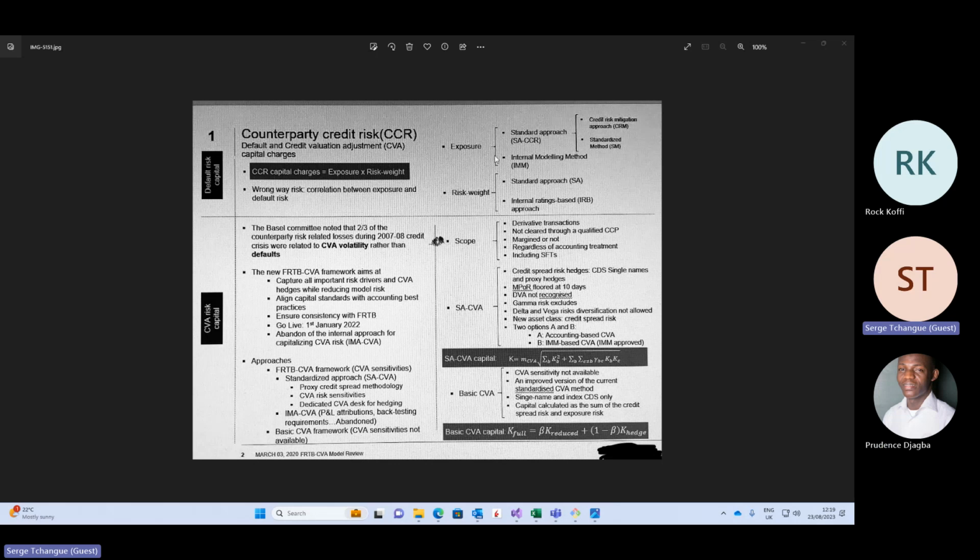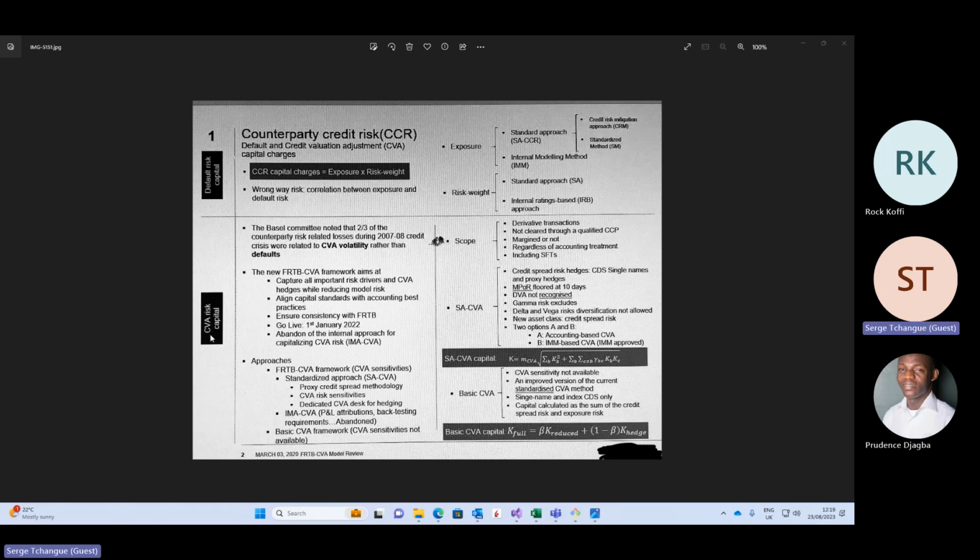These are to calculate the exposure. You have 2 methods, and to calculate the risk weight, you also have 2 methods. And here for the exposure, on the SA-CCR, you have the credit risk mitigation approach and the standard method approach. So all of this is summarizing the regulation.